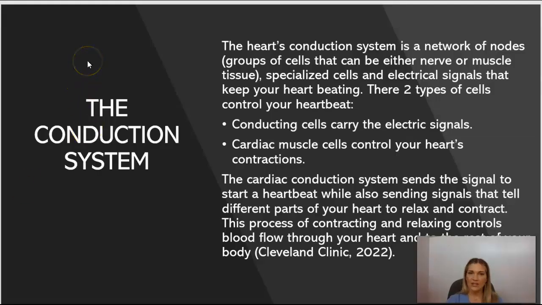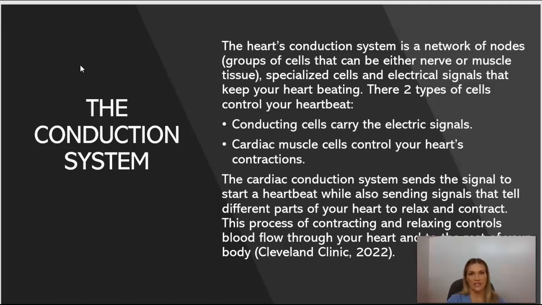The heart also has something called the conduction system of the heart. And this is a network of nodes, or groups of cells, that can be either nerve or muscle tissue. And they're specialized cells and electrical signals that keep your heart beating. So there are two types of cells that control your heart.